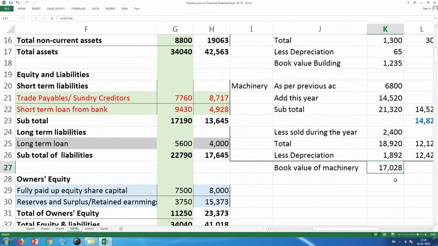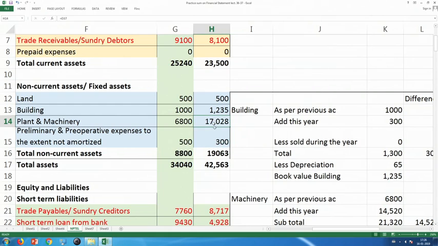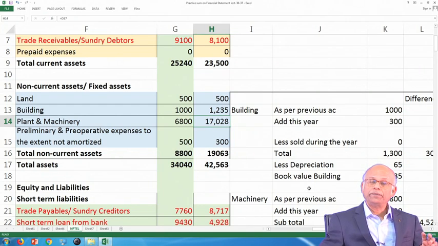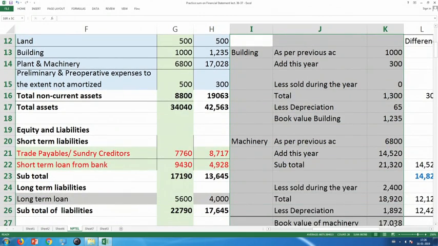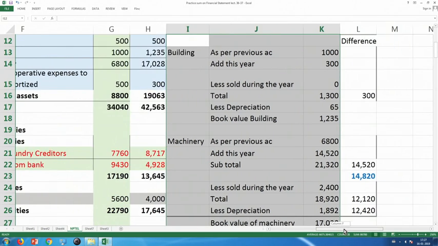So, it is 1892 and the balance is 17,028, which should come to the balance sheet. Machinery is here 17,028. So, that is how it is shown normally. This information is blown up this way, so that there is absolute clarity as to how this depreciation has been estimated. This is also done for a different reason.